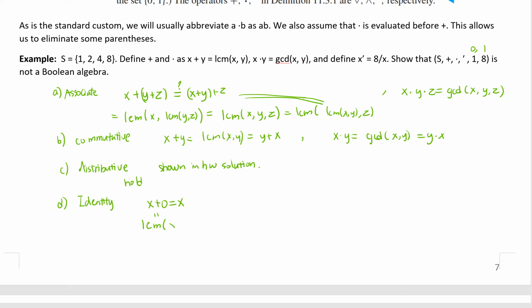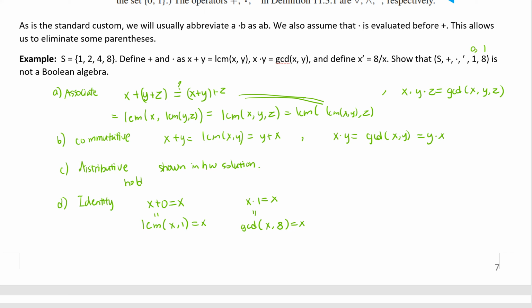Wait, so the LCM of x and 1 is x. And how about x times 1 is x? Well, this is the GCD of x and 8. Well, this of course is x, because 8 in this case has all of 1, 2, 4 dividing 8. Okay, so far so good, everybody?